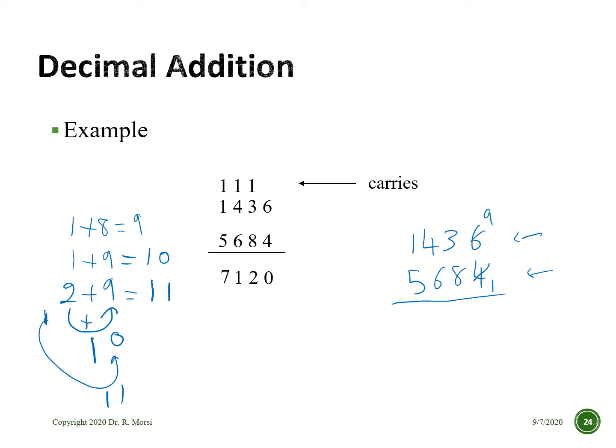And then if I take this away, this becomes a 0, and this really becomes a 10, so it's a 0 carry 1. Now, of course, I'm not going to be writing this on the paper, but I have to imagine it in my head. So that becomes a 0 carry 1.